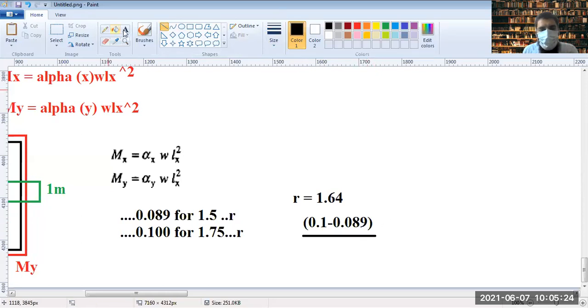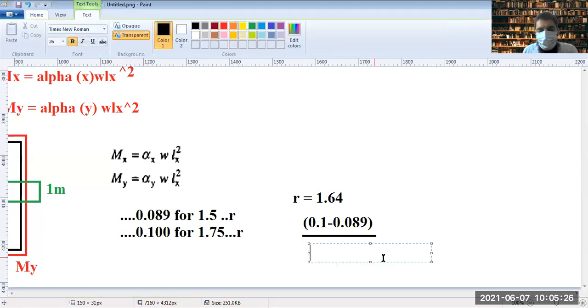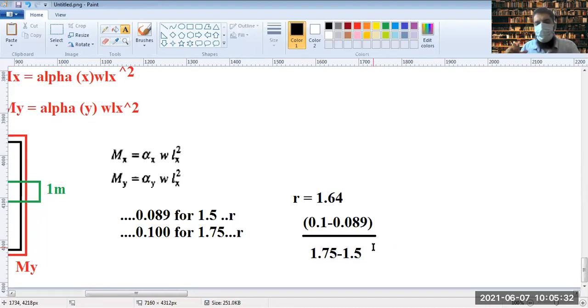That is from 1.75 minus 1.5, where r changes from 1.5 to 1.75. This is the unit change in r.